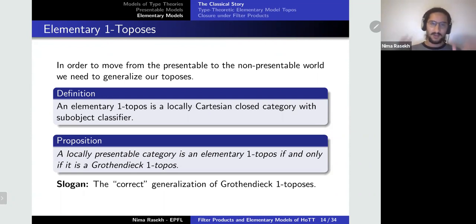But if not, the only thing you should think of is that an elementary topos is the correct generalization of a Grothendieck 1-topos. There are tons of gigantic books written about elementary topos theory and how you can do lots of cool math with it, and how in the presentable case it exactly reduces to a Grothendieck 1-topos. So it's the correct non-presentable version of it, and people have been using it a lot. That's the only thing you should remember from this, if you don't already know what an elementary 1-topos is.